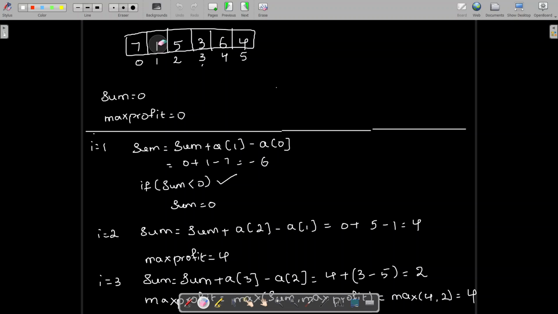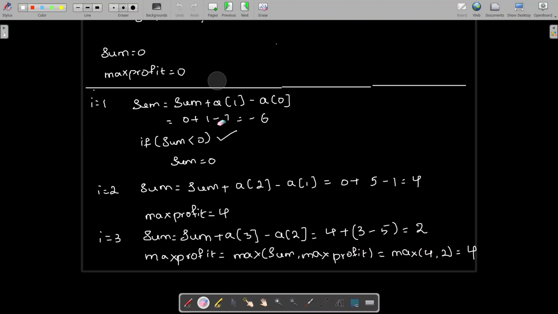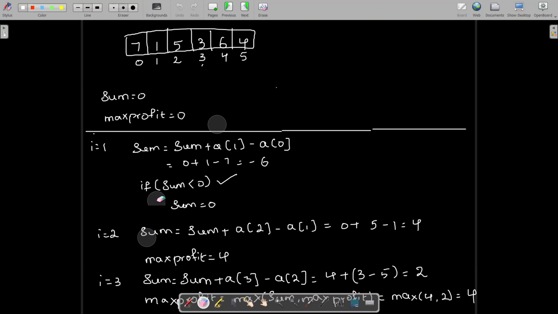If we sell on day 1 and buy on day 0, we get a profit of minus 6. We don't need any negative profit, so I'll make the sum 0, and the maximum profit is not changed; it stays 0 for the i equal to 1 iteration.